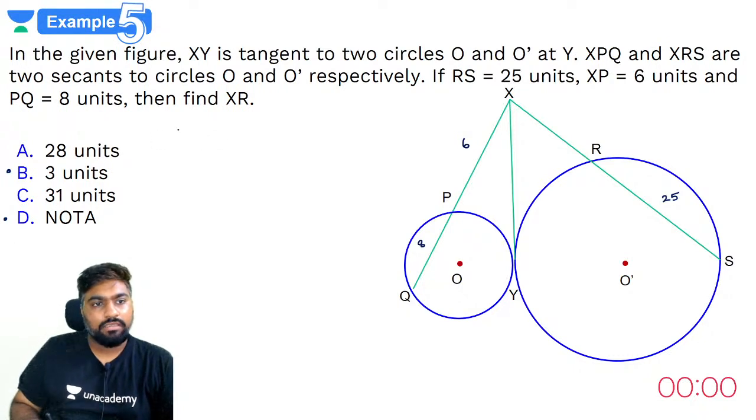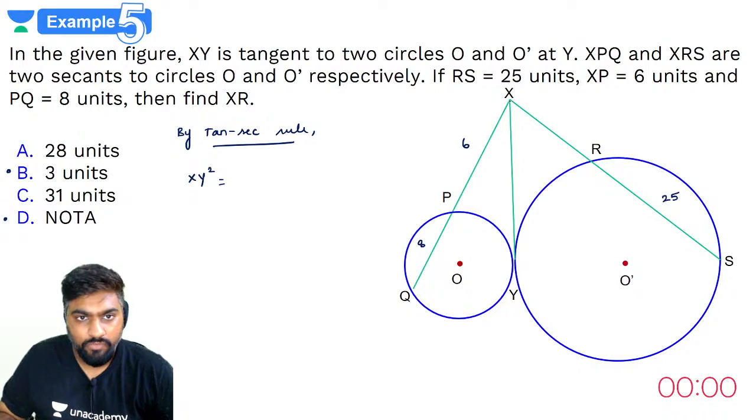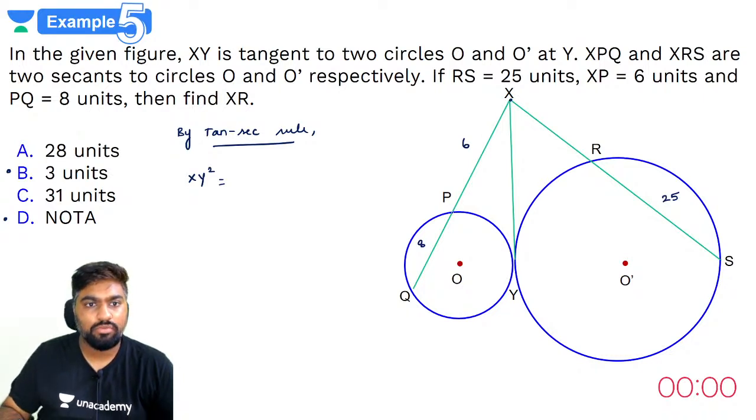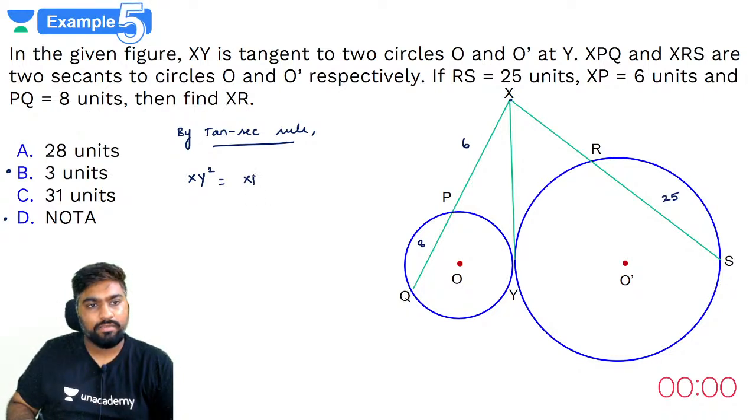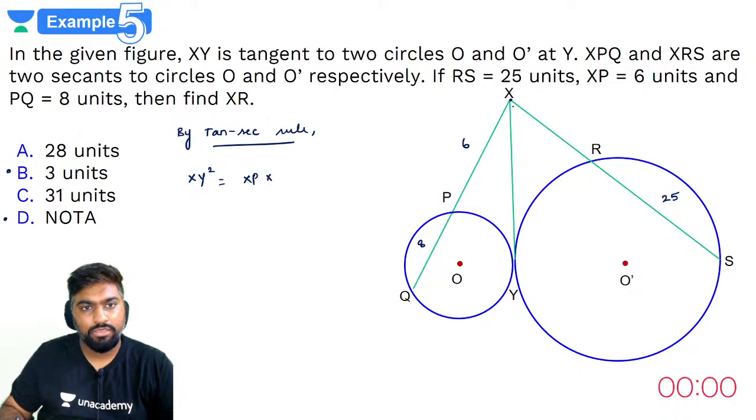So by the tangent secant rule, what do we know? That XY square, the length of the tangent squared, will be equal to, from the point to the circle, that is XP, into the entire thing, XQ.